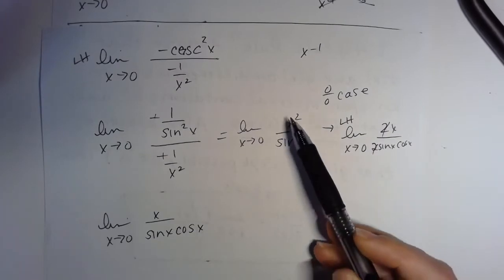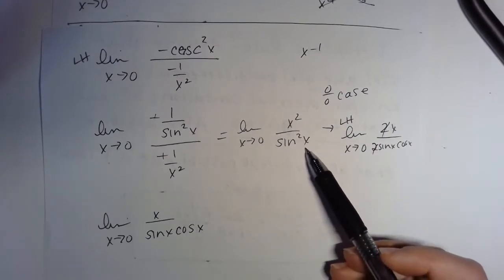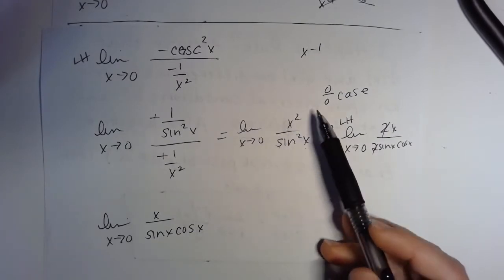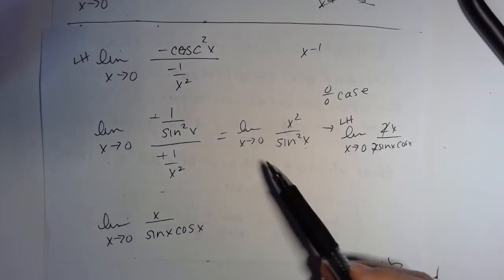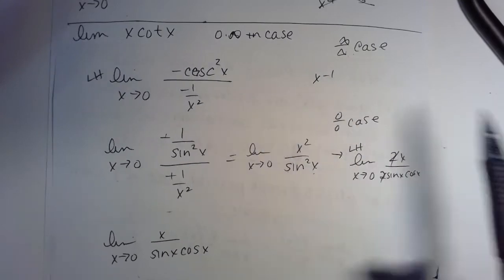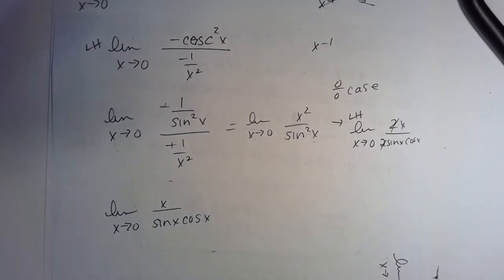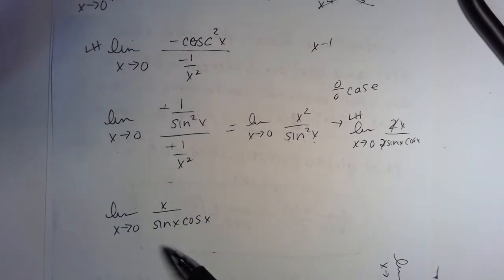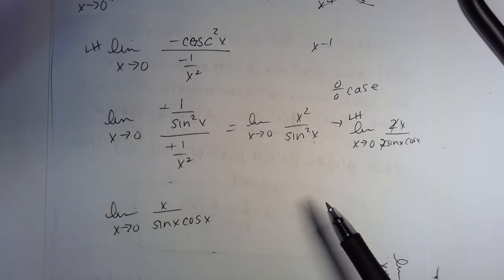Now really up here, when I saw the x squared over sine squared, I knew that this is x over sine x times x over sine x, so I could kind of see that it should be 1 in the end. It should be 1 because I proved it was 1 in the other case as well. But really, I still have 0 over 0 here.